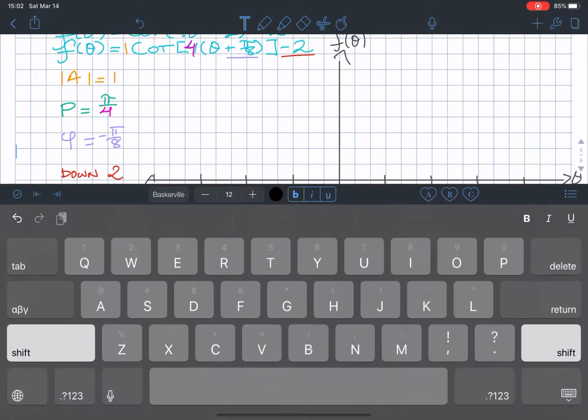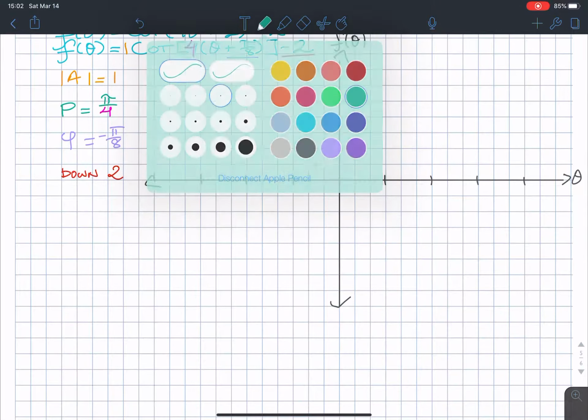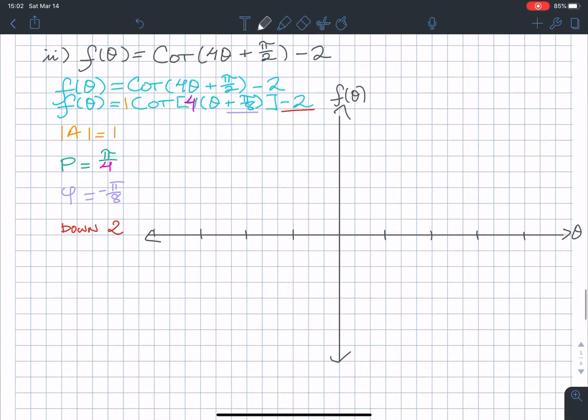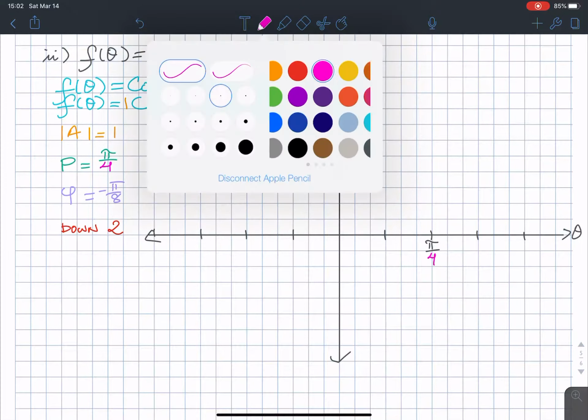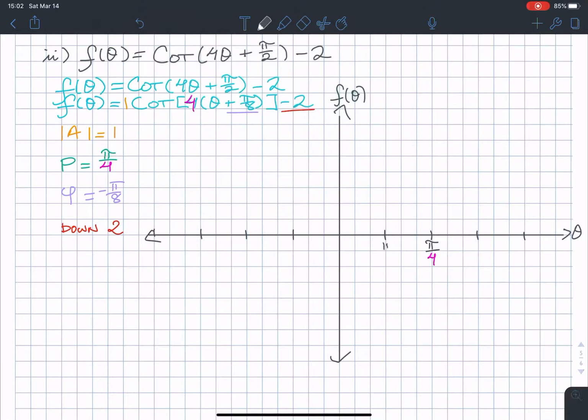I know that for tangent and cotangent, 2 quadrants is a full period, so that would be pi, but I'd need to divide that by the coefficient 4. And remember, this is equivalent to just taking each of our quadrants, pi over 2, pi, 3 pi over 2, and 2 pi, and dividing them by the coefficient 4. So let's just do that.